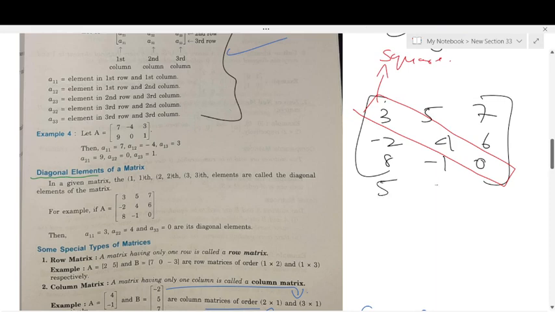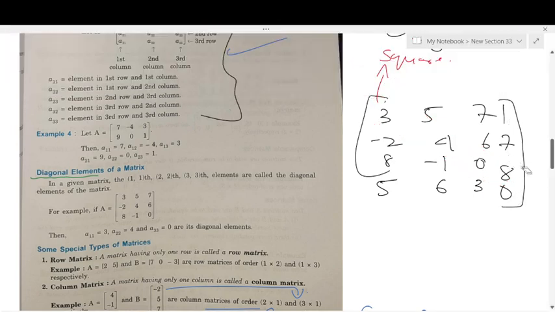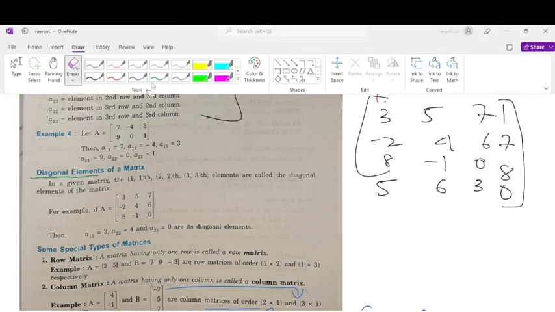What if I add another number here? 1, 7, 8, 6, 3, 0. What is the order of this matrix? Can you tell me the order? What's the order, students? How many values? 4 by 4, right?